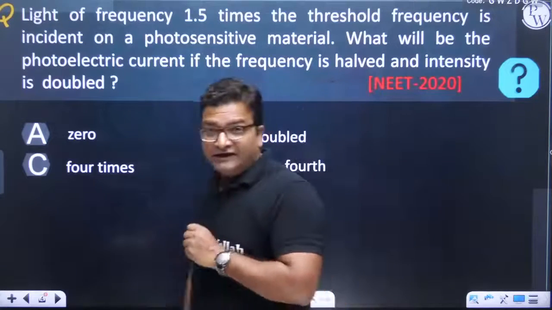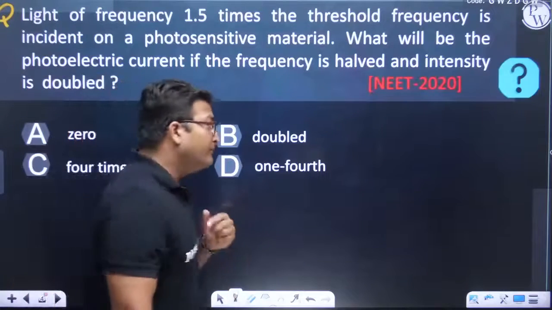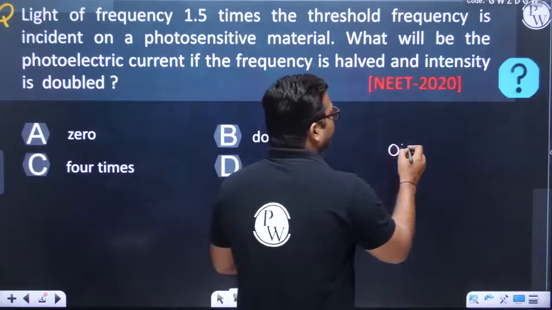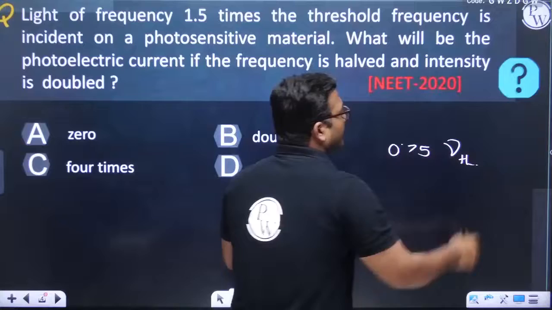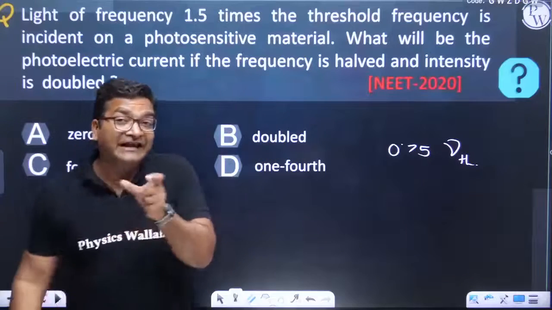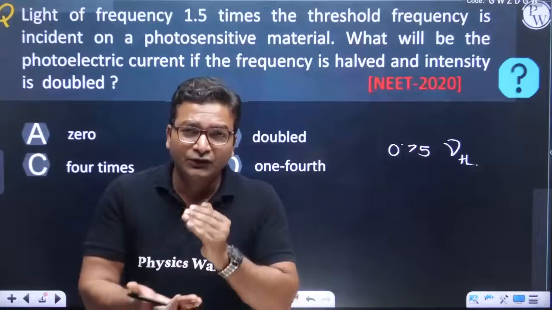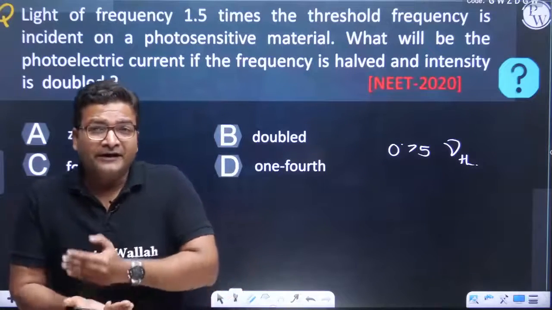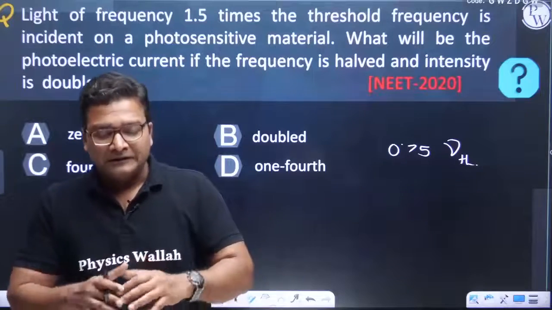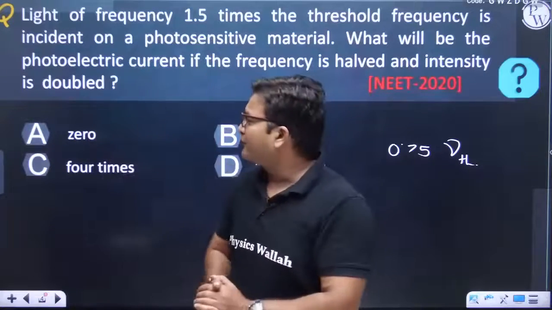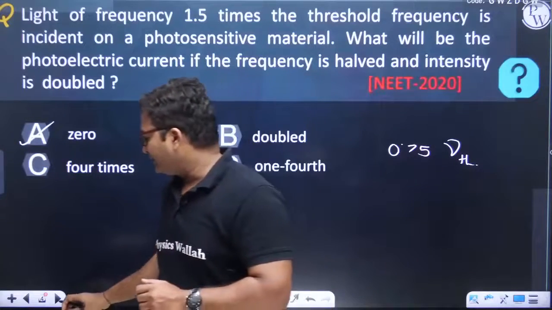So if it is initially 1.5 times the threshold frequency, the new frequency would be 0.75 times the threshold frequency. The new frequency is less than the threshold frequency, and if frequency is less than threshold frequency, no photoelectron will be emitted, and if no electron is emitted, the current associated with photoelectrons will definitely be zero. So A is your perfect choice.